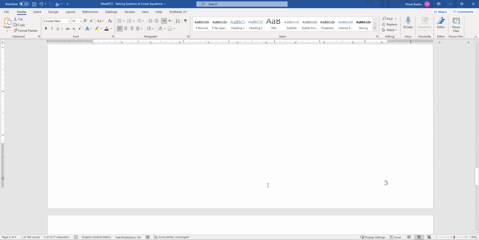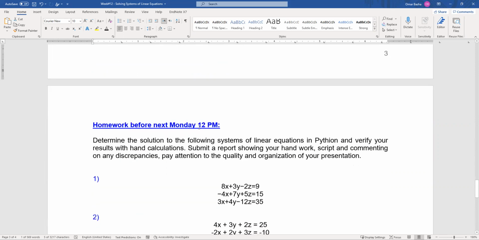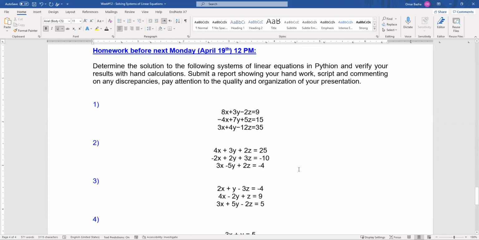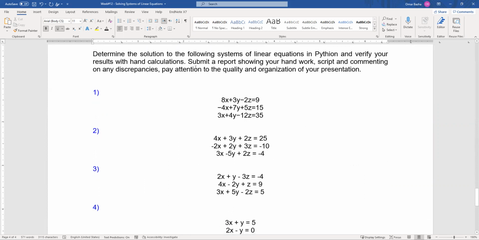All right, so for next week, before next Monday, and let me just check, Monday will be April 19th, right? By 12 p.m. If you need more time, just send me an email, but let's aim for 12 p.m. Determine the solution of the following systems of linear equations in Python and verify your results with hand calculations.